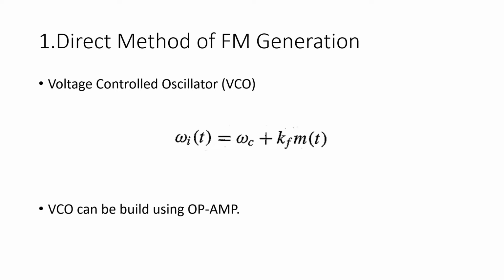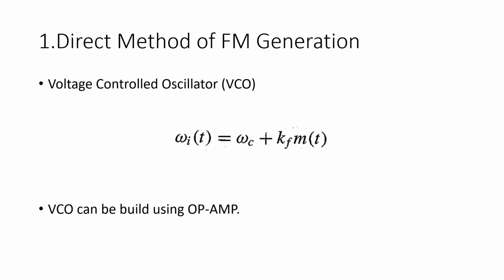In frequency modulated signal, the carrier frequency changes with amplitude of information signal. The frequency of unmodulated carrier is, let us say, omega c. As information signal amplitude changes towards positive value, the frequency of the carrier starts to change to value greater than omega c.